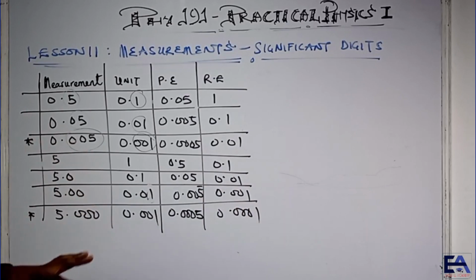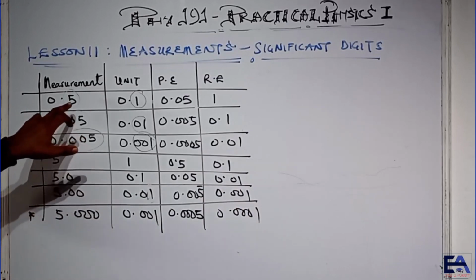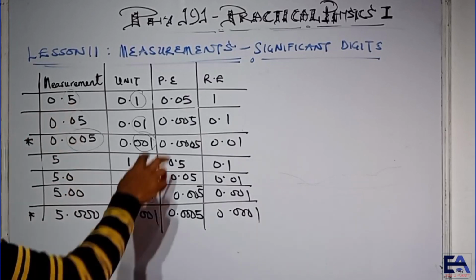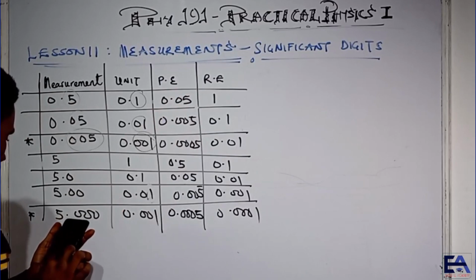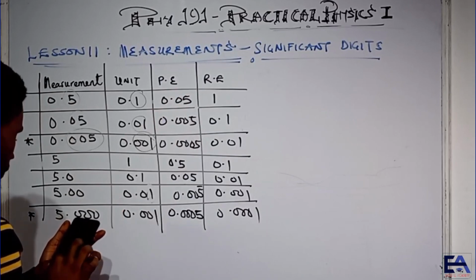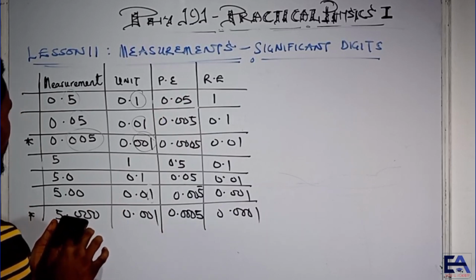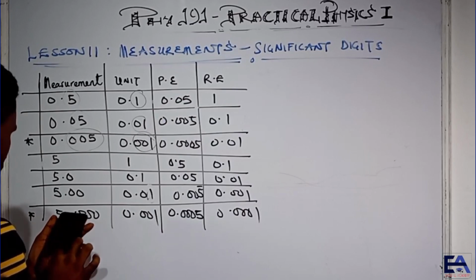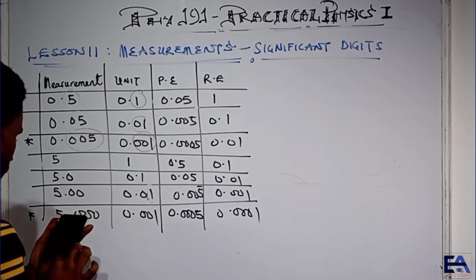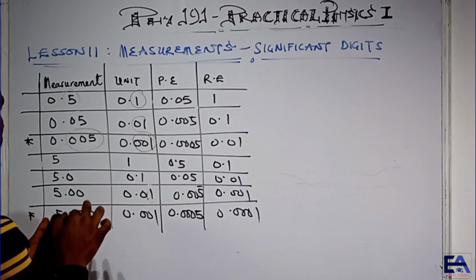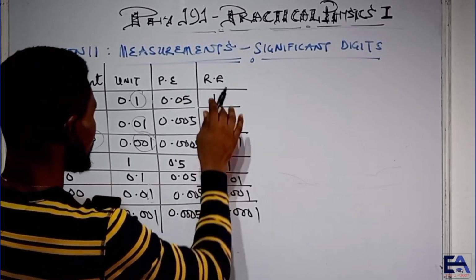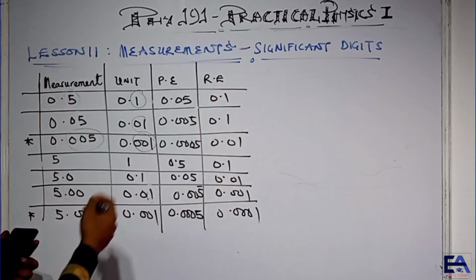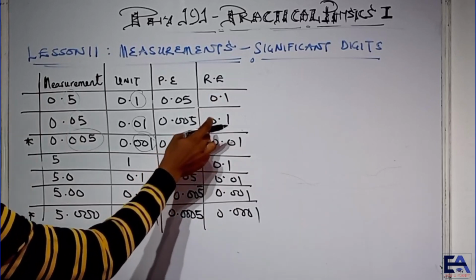Now, as you can see, looking at what we have here, please, I want to recheck something. 0.05 divided by 0.5 is 0.1. I made a mistake. I knew it was supposed to be the same. And also all through for this one. This one is 0.1.